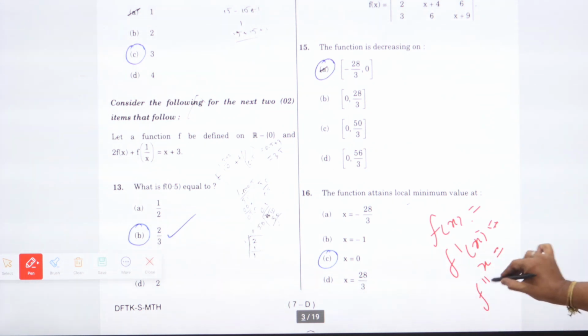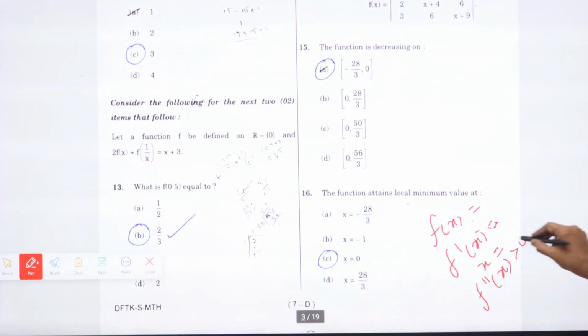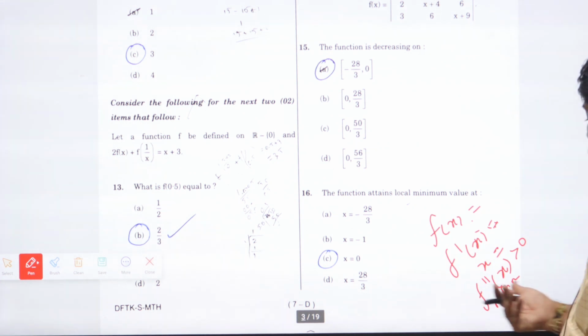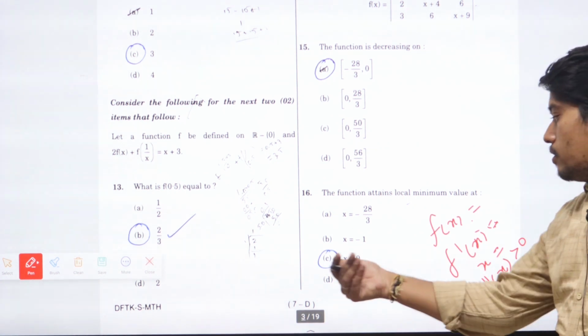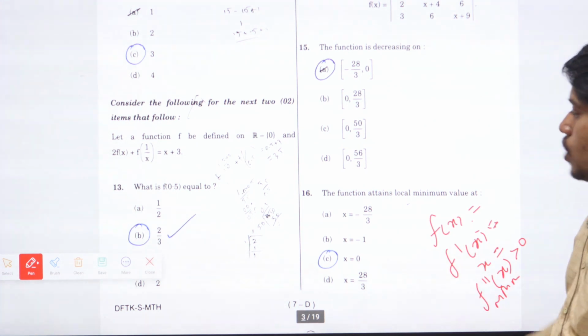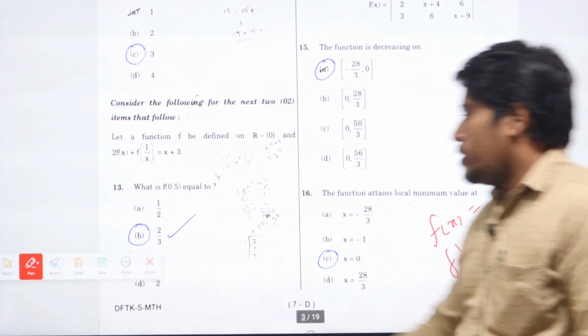Further, find f double dash of x: if f double dash of x is greater than 0, meaning positive, the function is minimum. At the point x equal to 0, the function is minimum. So option C will be the right answer.